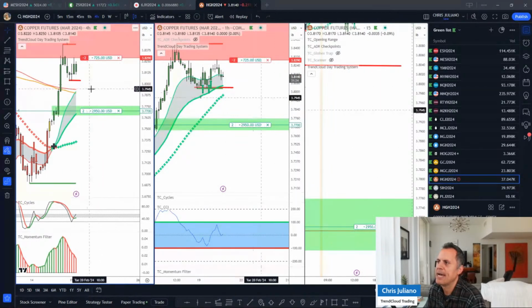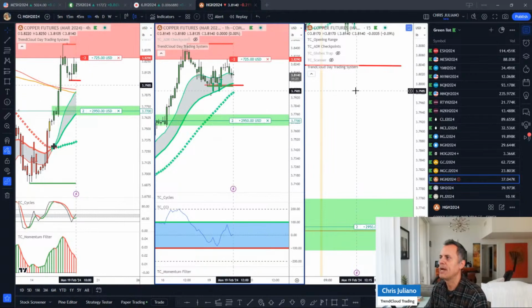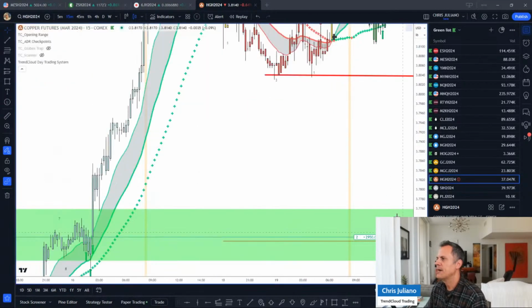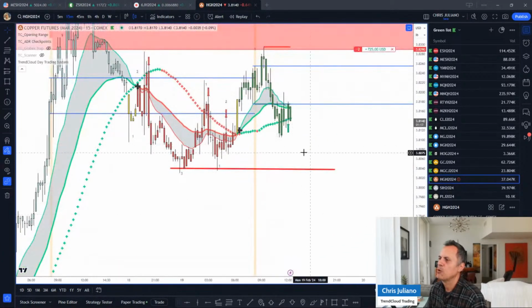So we're pulling back. We don't know how far this is going to pull back, so we have to keep an eye on it, and we want to start seeing breaks of structure, right? So we retested the opening range, and now we're heading down.